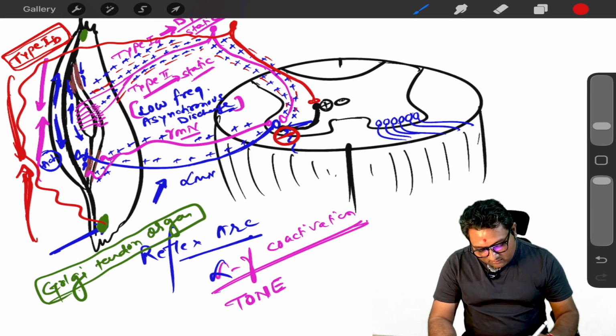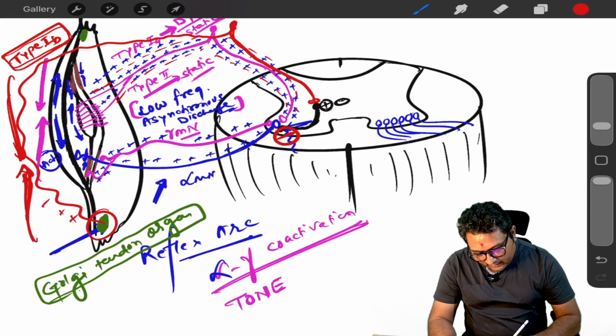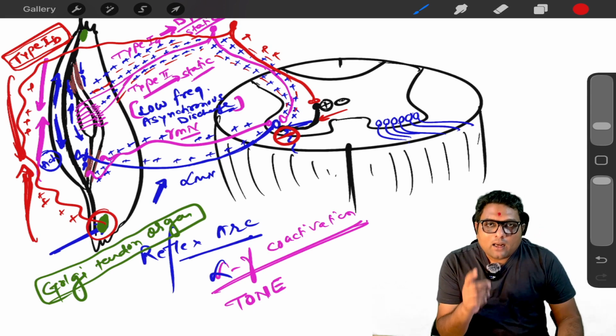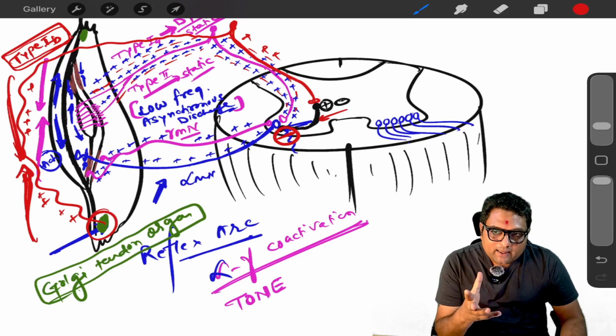At that time, this Golgi tendon organ fires, and increased discharge occurs in these type 1B fibers, which eventually stimulate interneurons, and those interneurons inhibit the alpha motor neuron and the muscle gets relaxed.